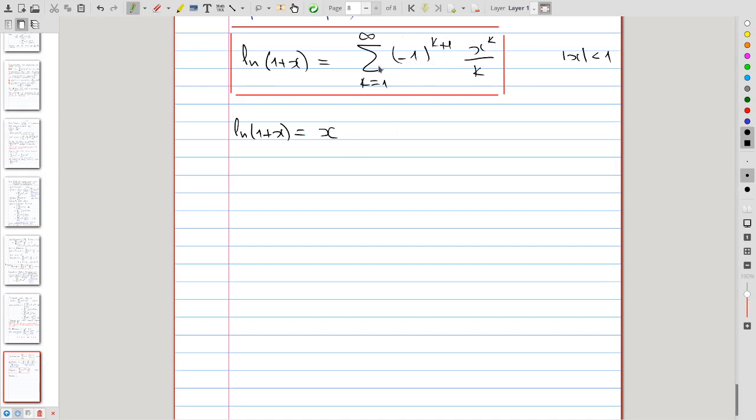When k is equal to 2, I have minus 1 to the third, that is equal to minus 1, and this here is x to the second divided by 2. Then the sign switches again, and I will have x to the third divided by 3, and so on.